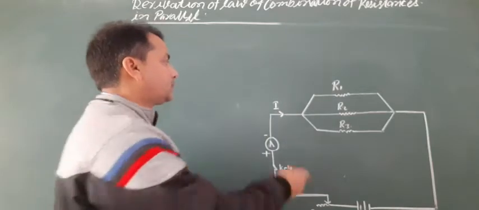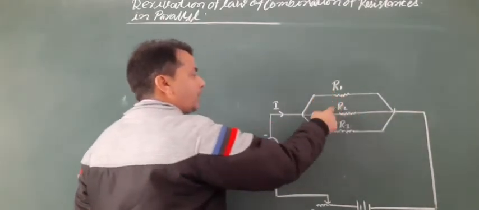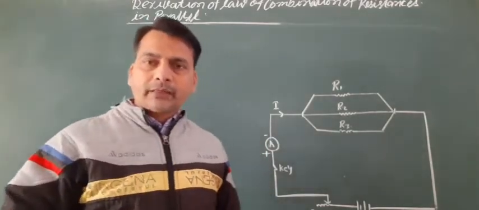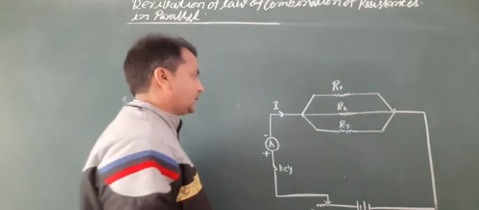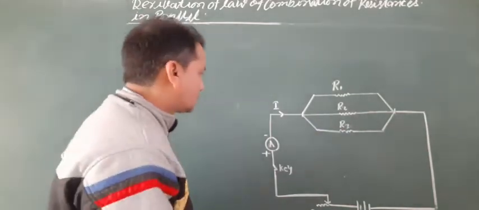Here the two points where R1, R2 and R3 are joined are the two common points, and the potential difference across each will be the same.